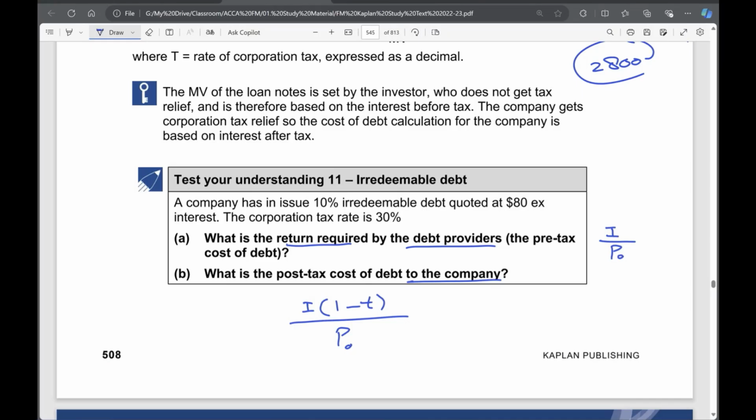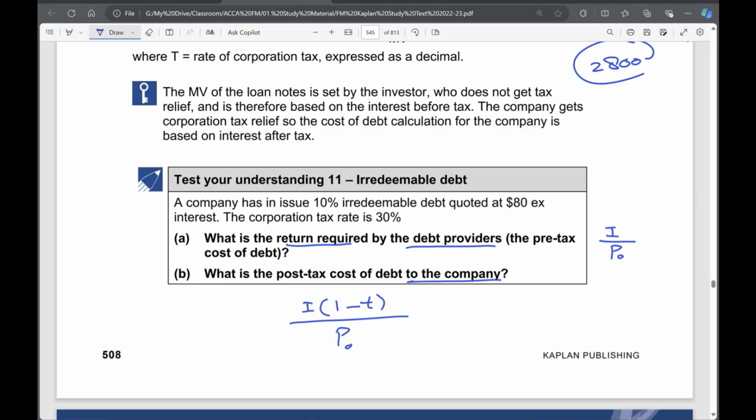If the examiner asks you to find the cost of debt, add 1 minus T. If the examiner asks you to find the required return of the bondholder, don't add 1 minus T, because they will not get the tax saving that we will get. That's why the cost of debt is cheaper. Simply, the pre-tax cost of debt is the required return of the investor, and the post-tax cost of debt is the cost to the company.